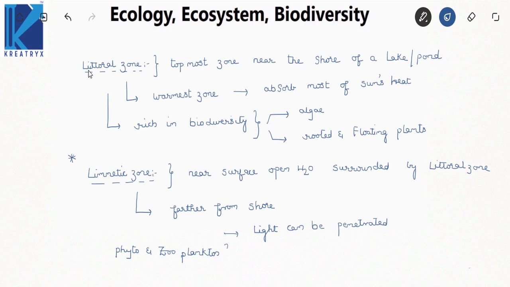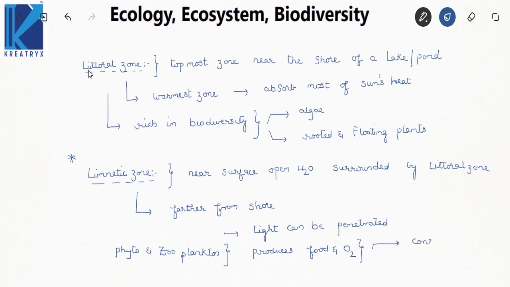Now, in this zone, the phytoplankton and zooplankton produce food and oxygen. These food and oxygen are taken by consumers.